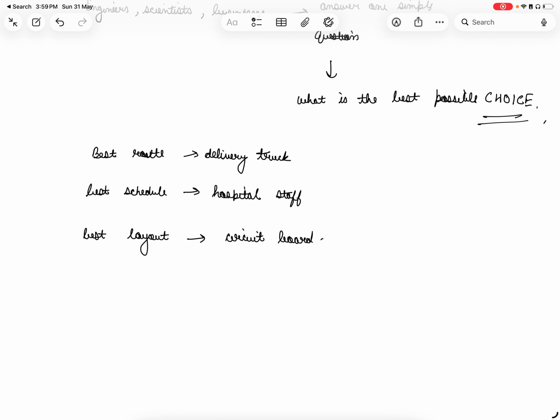Different sectors. This is about logistics, about medical, about chip manufacturing.